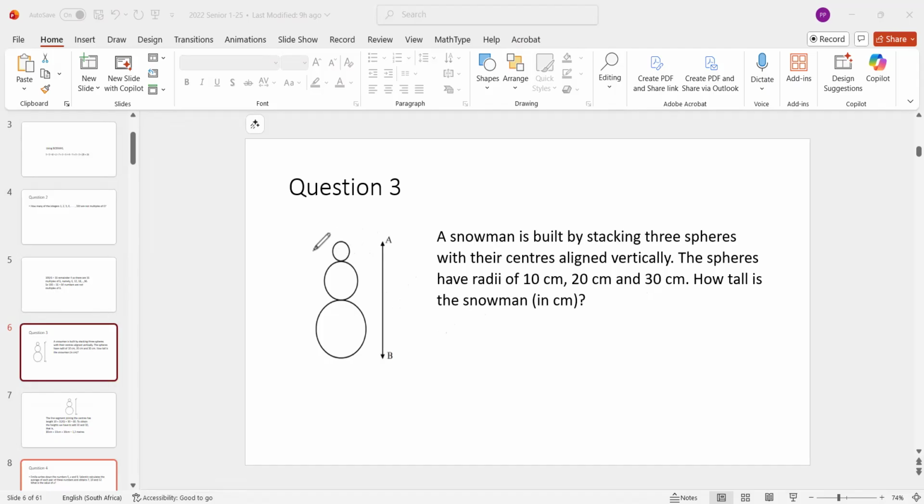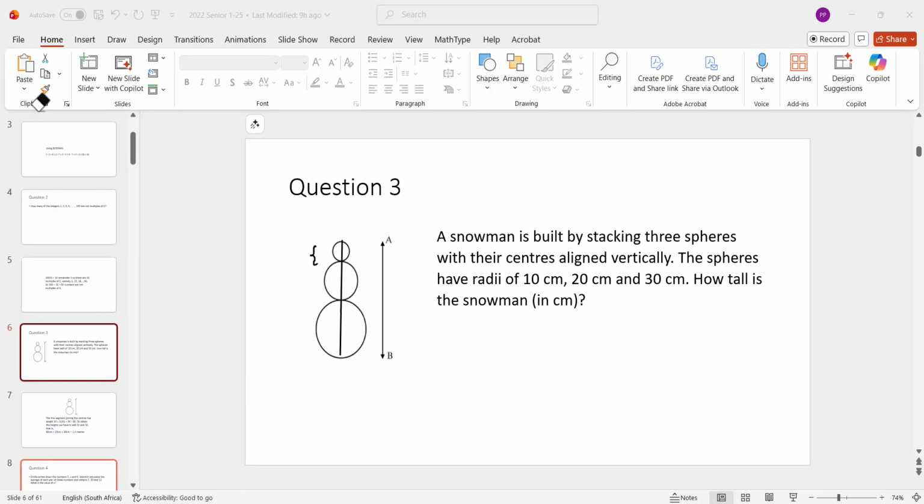Well, this is very easy. If the radii are 10, the height of the snowman is this height here. And you can see it's equal to the sum of the three diameters. So the radii are 10, 20, and 30, and therefore the diameters are 20, 40, and 60.